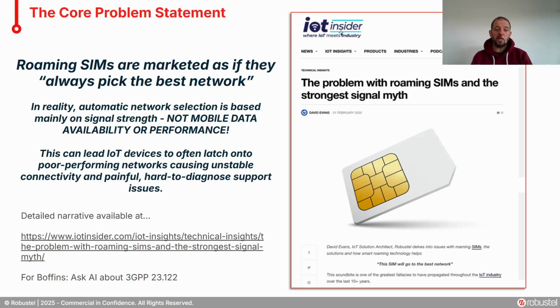It's buried away in TS 3GPP 23.122, so you can Google or ChatGPT, that's the standard. That explains the network selection rules. You can also look up this article on IoT Insider that explains the problem we're solving here. But fundamentally, if you're using a multi-network SIM and a router, you need some additional smarts in the system itself.